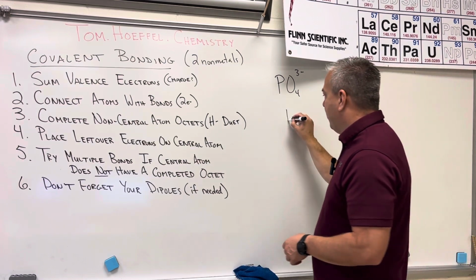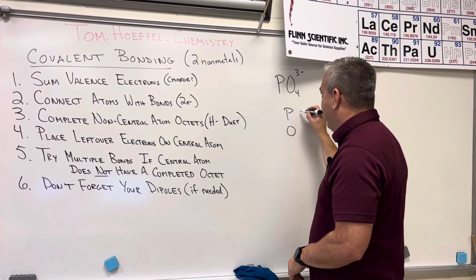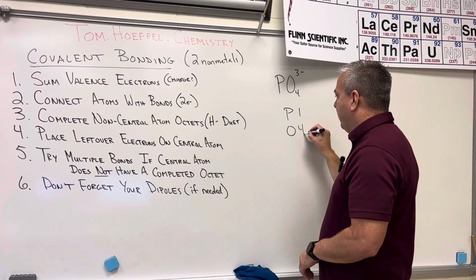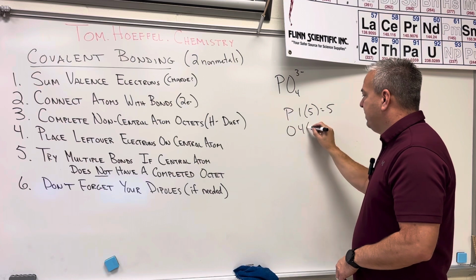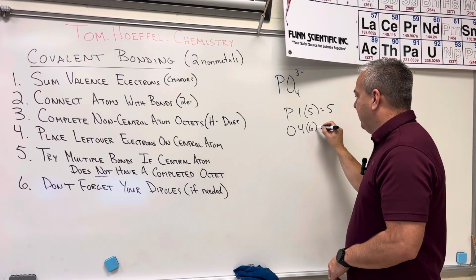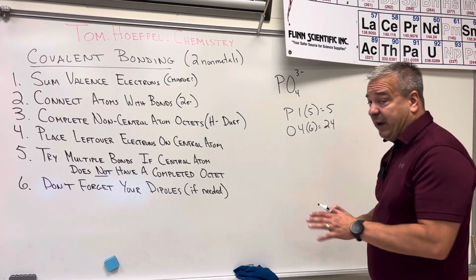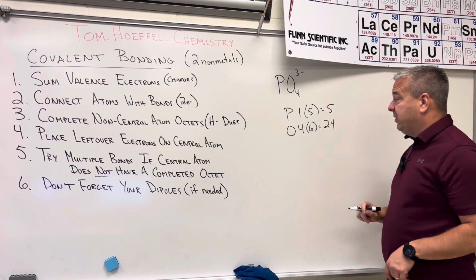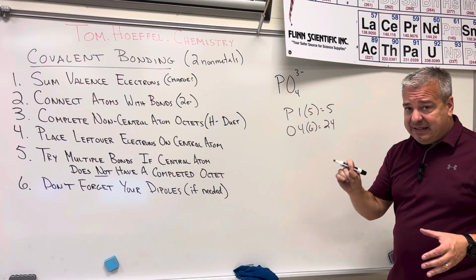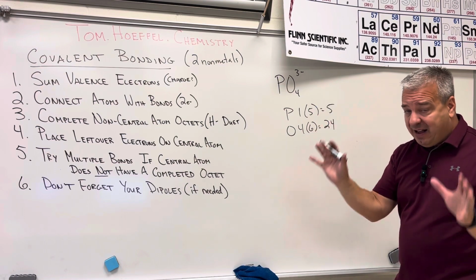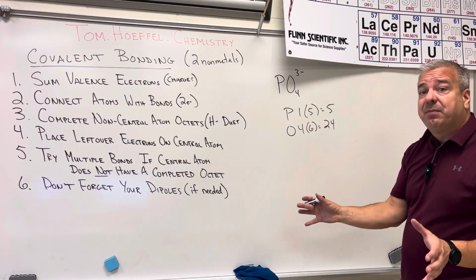So I'm going to create my chart again, phosphorus and oxygen. 1 phosphorus, 4 oxygens. Phosphorus donates 5 valence electrons. The oxygen donates 6. So if I stopped right here and I added these 2 numbers together, I'd get 29. Odd number, ding, ding, ding, ding. Remember, red flag. Odd numbers means you're probably doing something wrong.